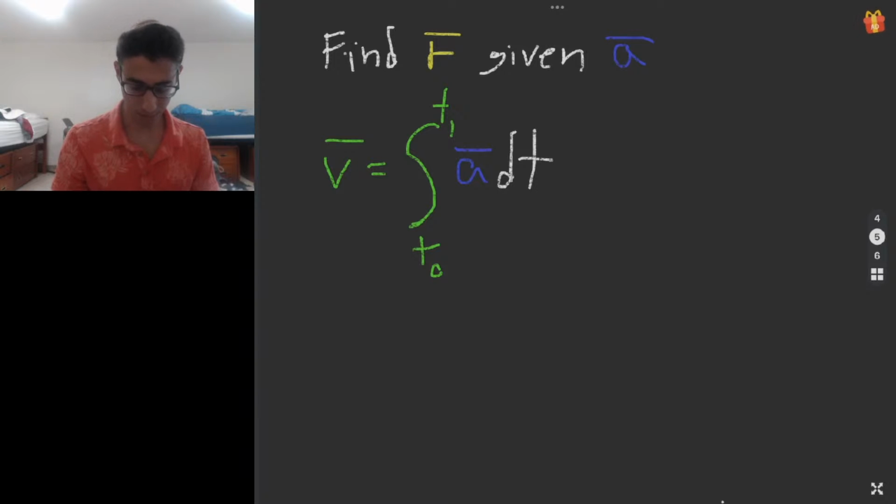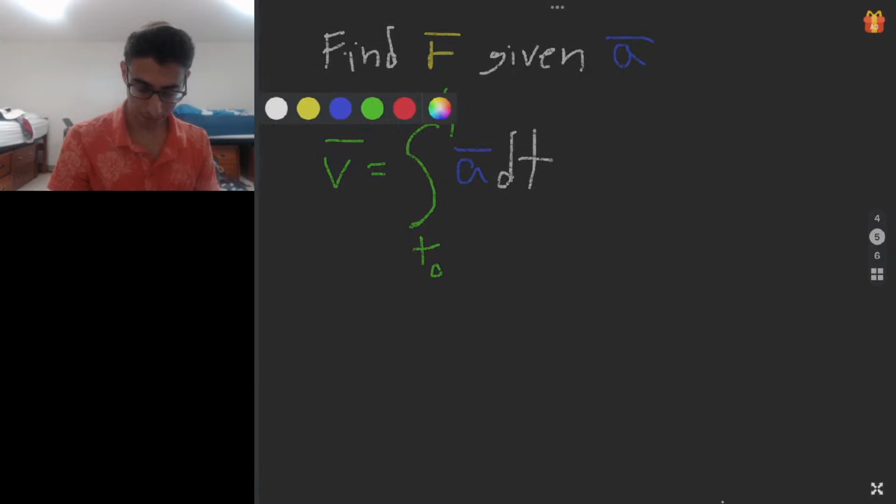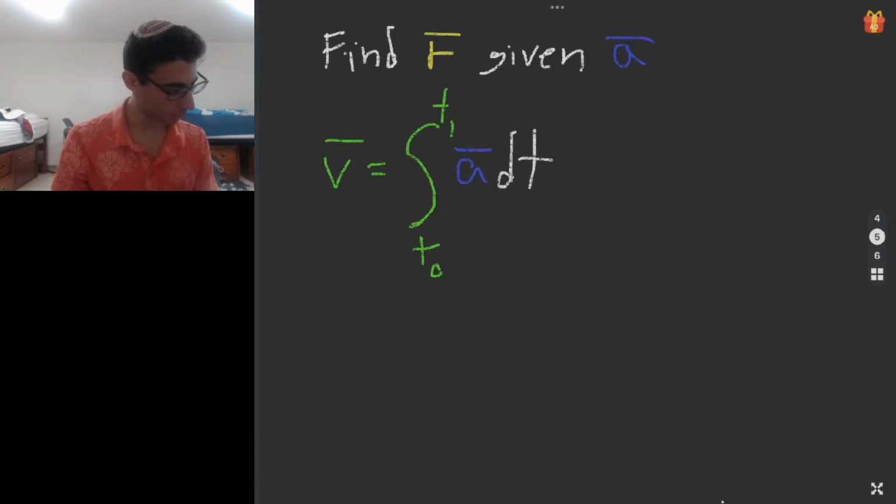Yeah, it's like the change in velocity. It's really like delta v, I should say, but from time 0 to time t. But anyway, I don't know how I would write antiderivative of something.